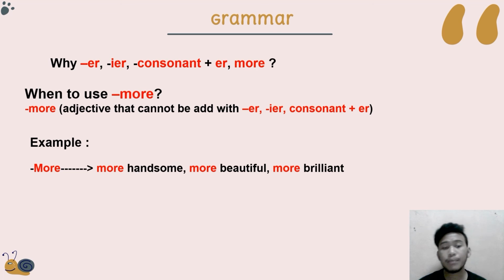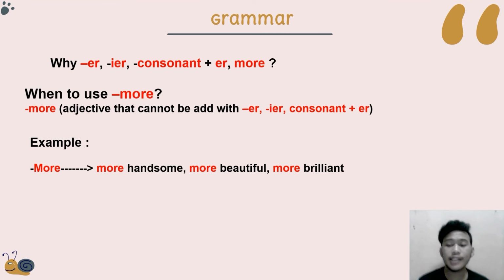For example, we have more handsome, more beautiful, more brilliant. You cannot add er, ier, or consonant plus er to the words handsome, beautiful, or brilliant.